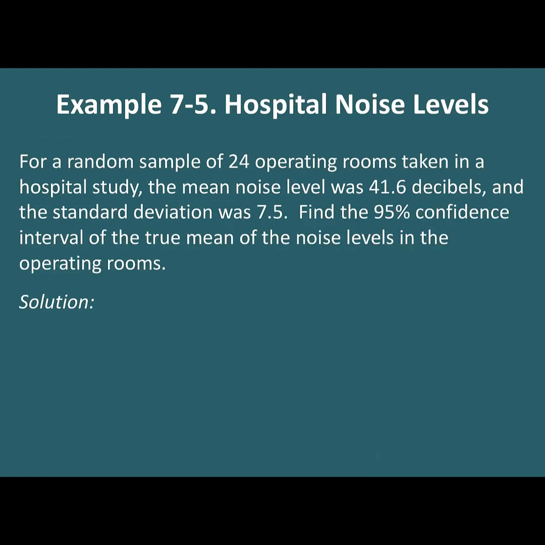Next, for a random sample of 24 operating rooms taken in a hospital study, the mean noise level was 41.6 decibels, and the standard deviation was 7.5. Find the 95% confidence interval of the true mean of the noise levels in the operating rooms.